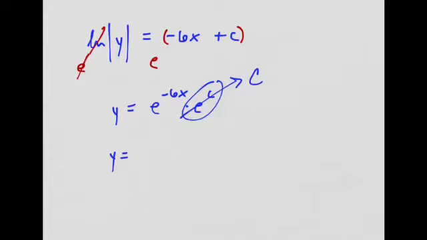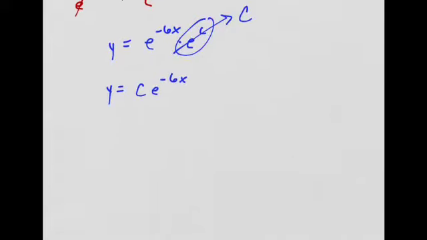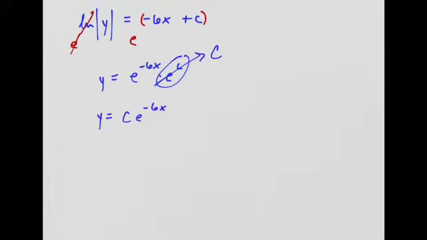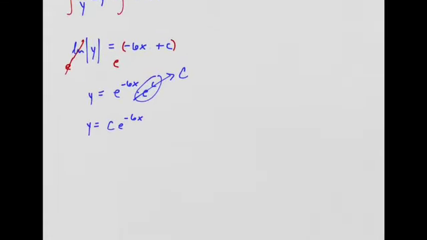If I have e to the second power, that's still just some number. It's some nasty decimal, but it doesn't matter. It's still a constant. So what is normal is to change that to a capital C and put it out in front as a coefficient, and then it looks nicer, and I don't have any weird exponents to look at. So that's the general solution to this differential equation.